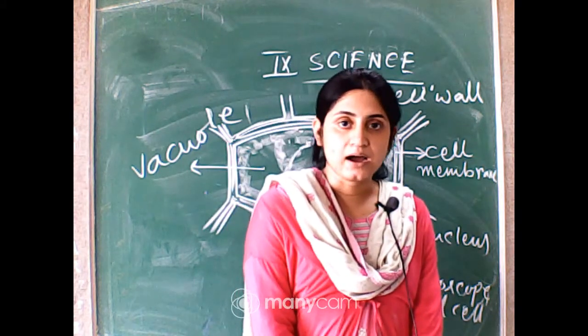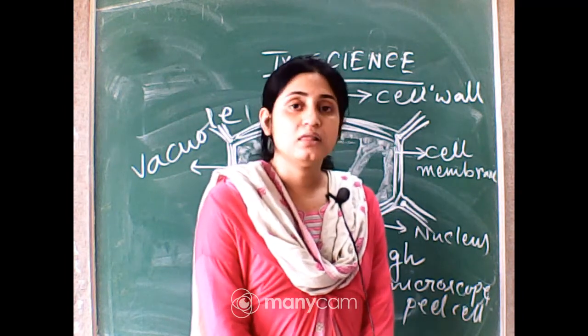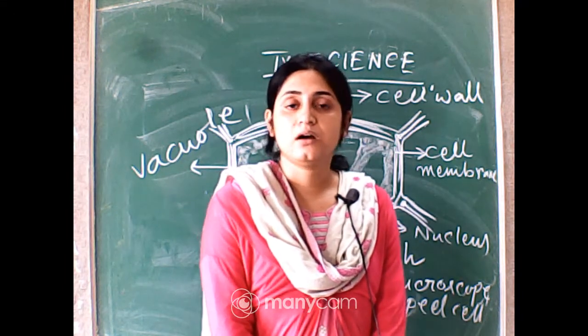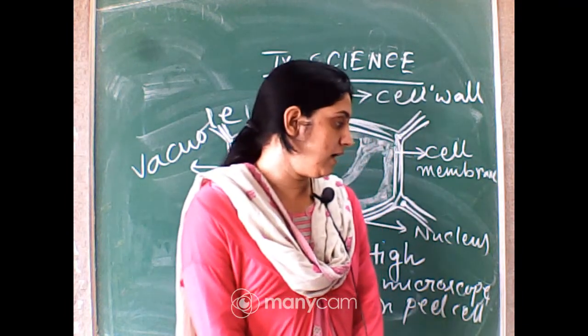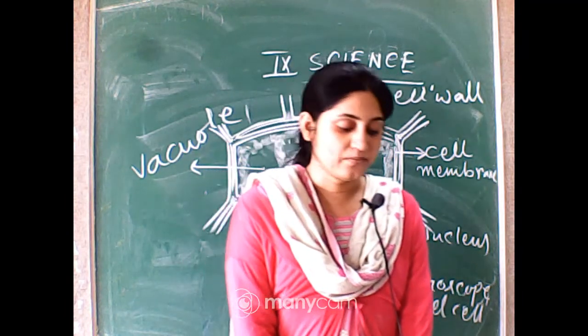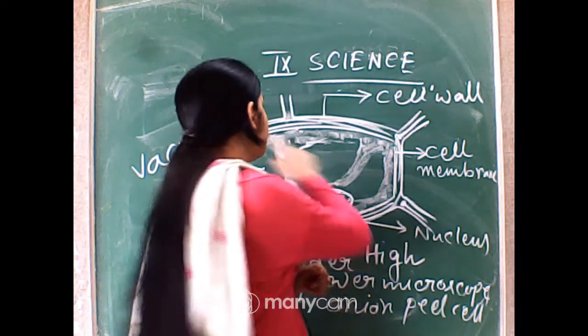There are a large number of polygonal cells. Polygonal means so many angles are present, 1 2 3 4.